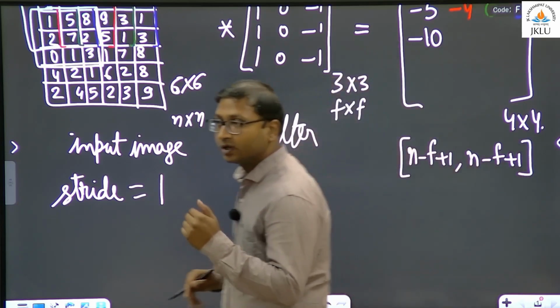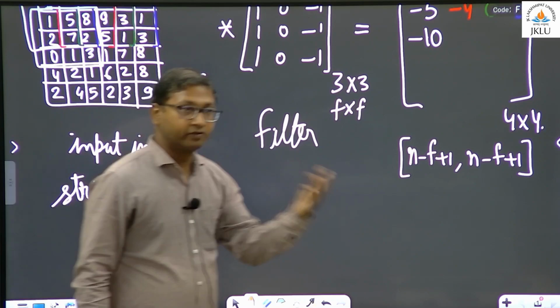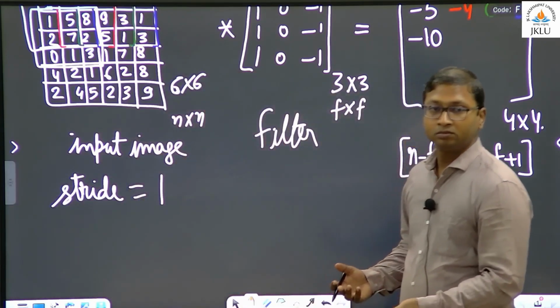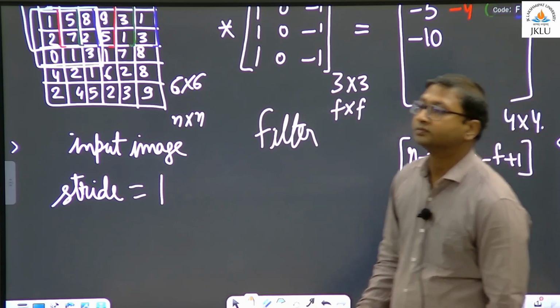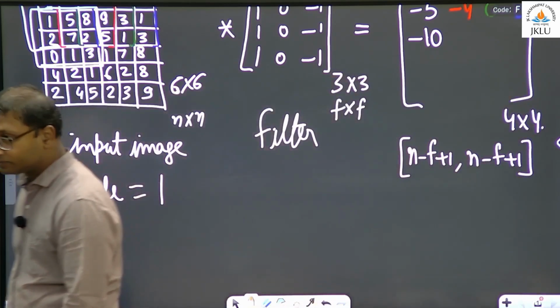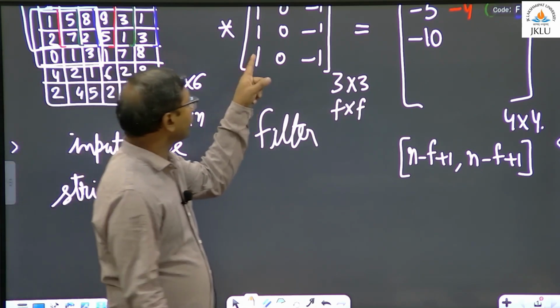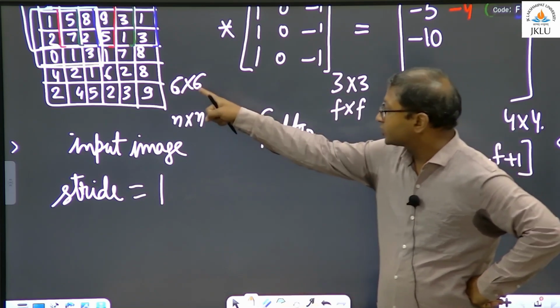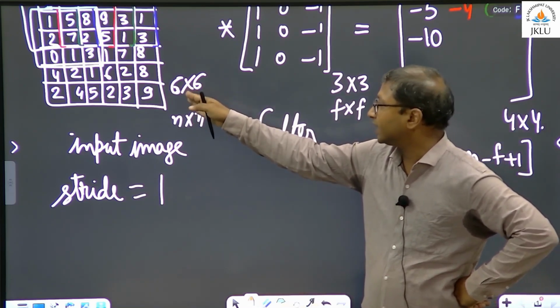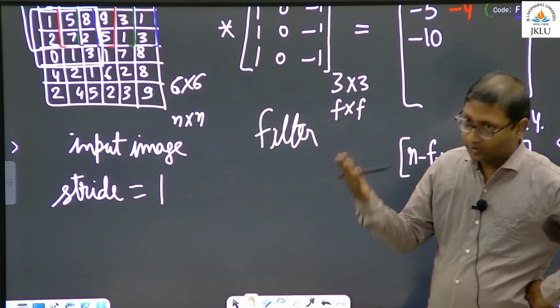Now tell me, is it necessary for me to have both these dimensions n cross n? Can I have n1 cross n2? Why not? He says you won't be able to take convolution with this if it's a rectangular matrix. Is that true? If this were 6 cross 7, or if this were 8 cross 6, what will happen? Right. So you can still do it.